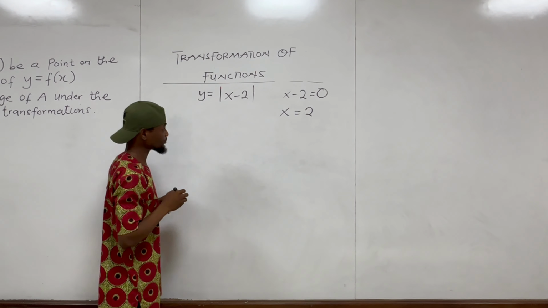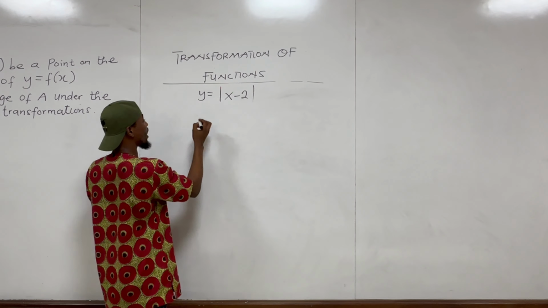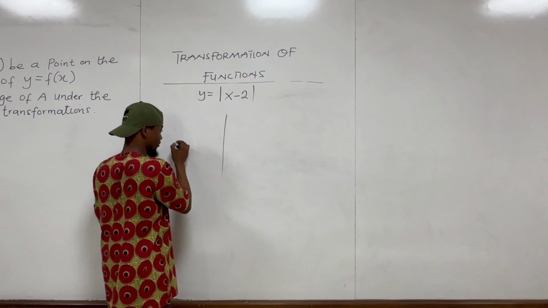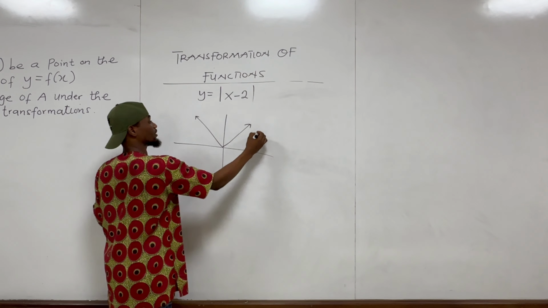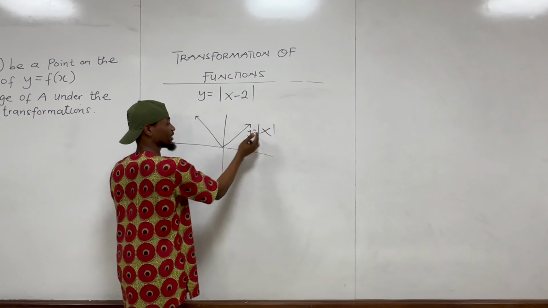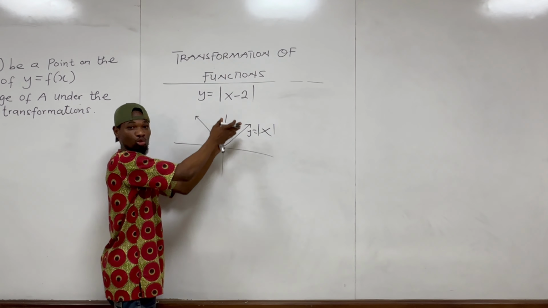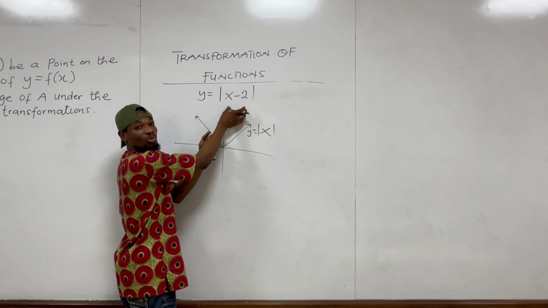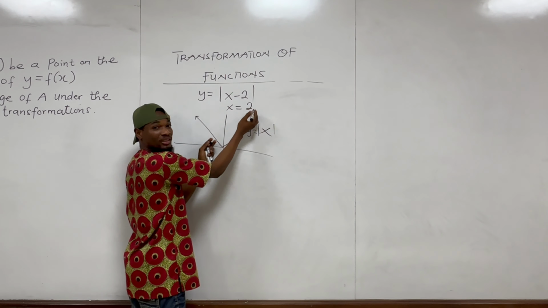So let's say this is the graph of the absolute value of x. This is just the graph, okay? We have this expression, x minus 2. So when you equated this to 0, x became what? Positive 2. So that means we are going to move towards the right hand side, okay?